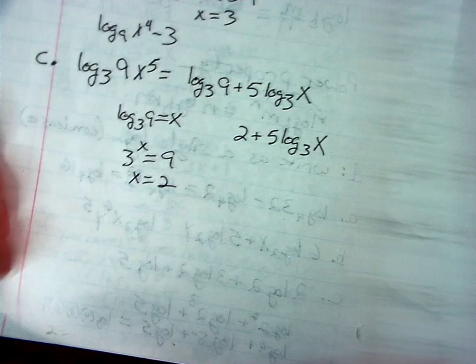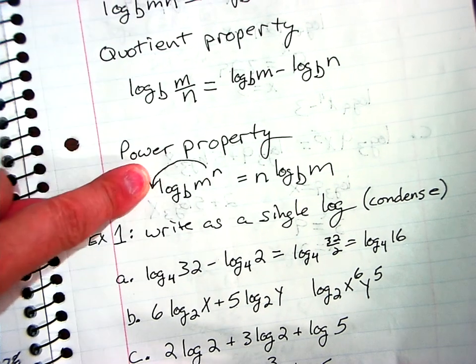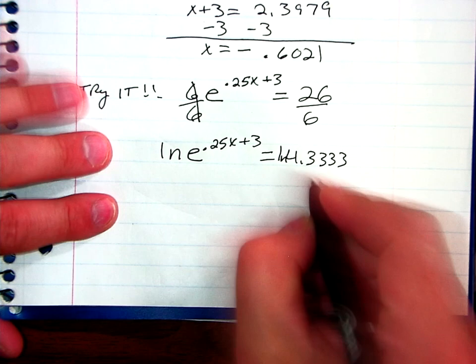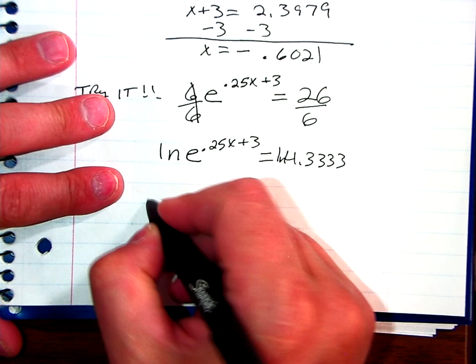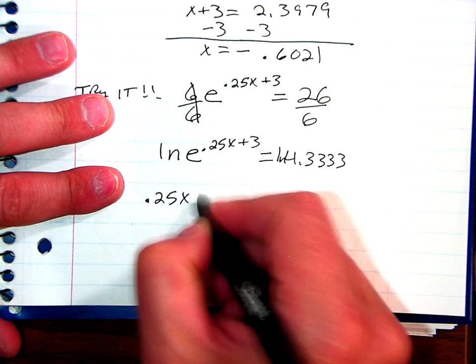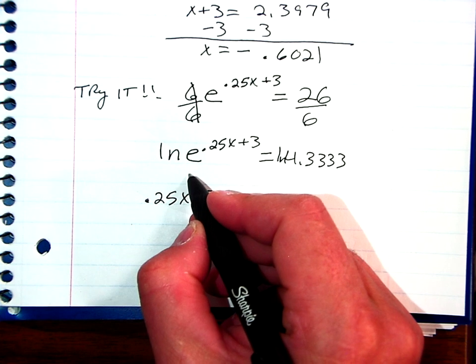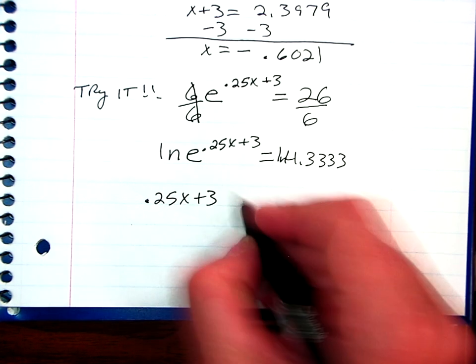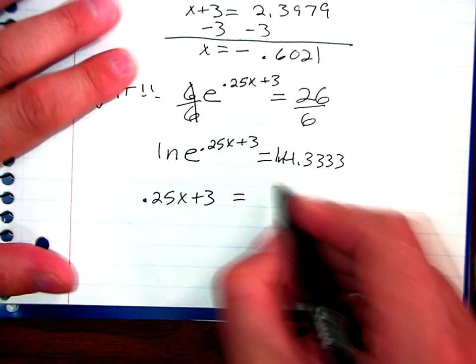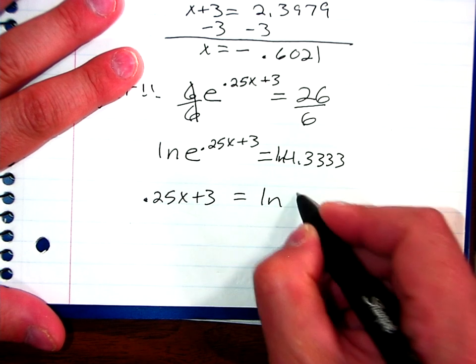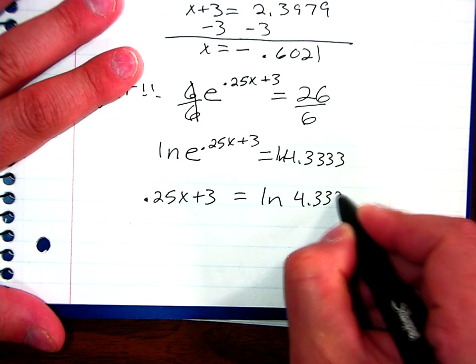So if that's what you did, right here, this property, we can move the exponent in front. So now that's going to give us 0.25x plus 3. And what's going to happen to the ln e? It's going to go away, right? So equals natural log of 4.3333.